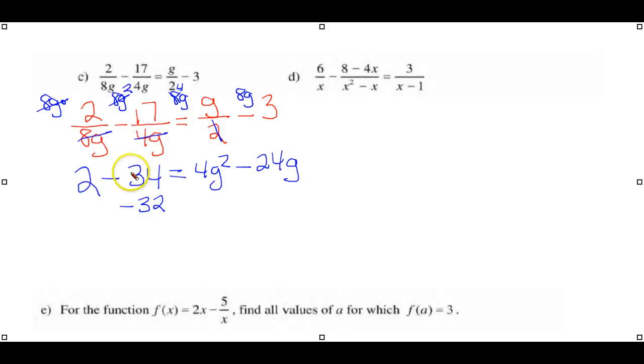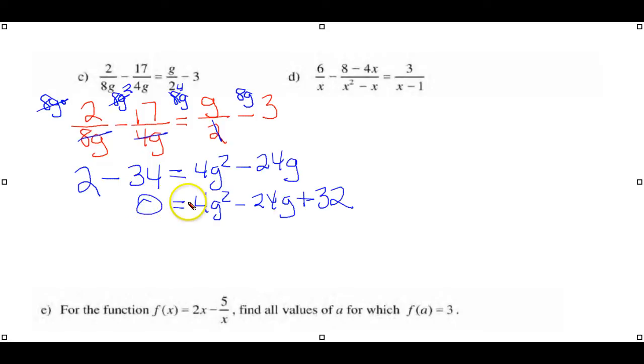I'm now going to take that negative 32 over to the other side, and I get 4g squared minus 24g plus, on this side, 32, and I'll just erase it from here and put a 0 there.